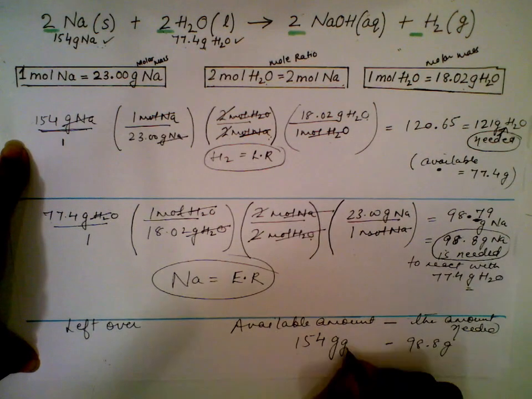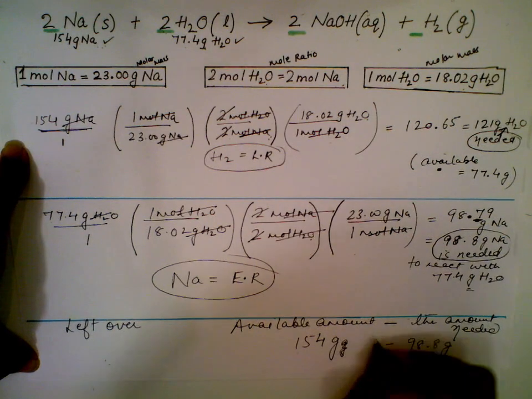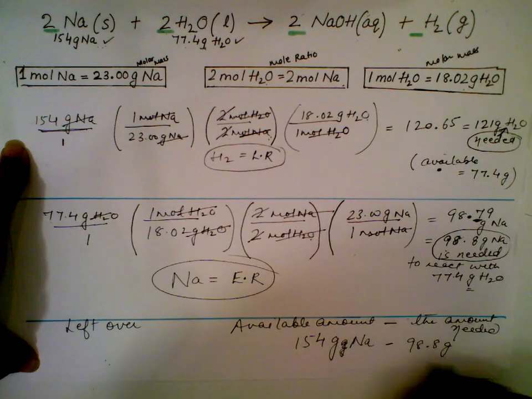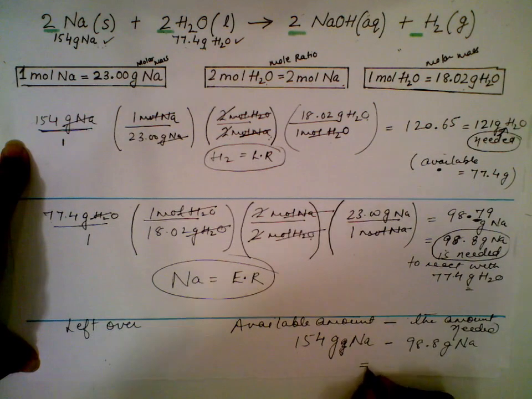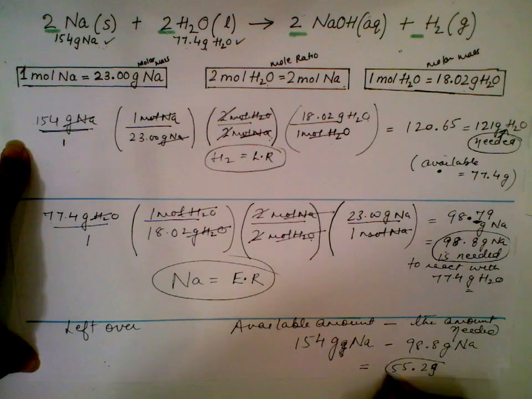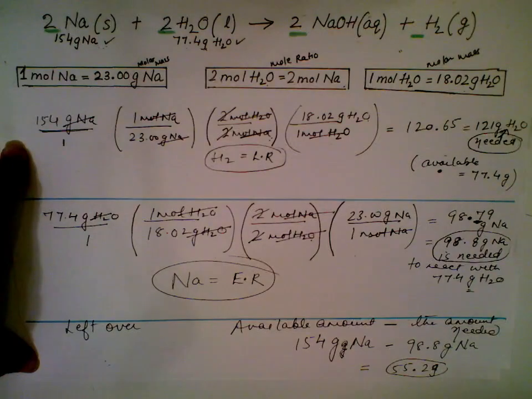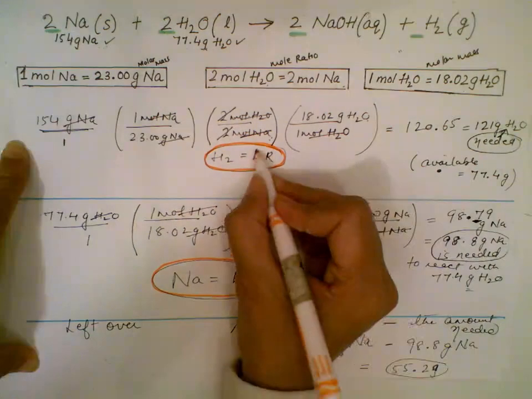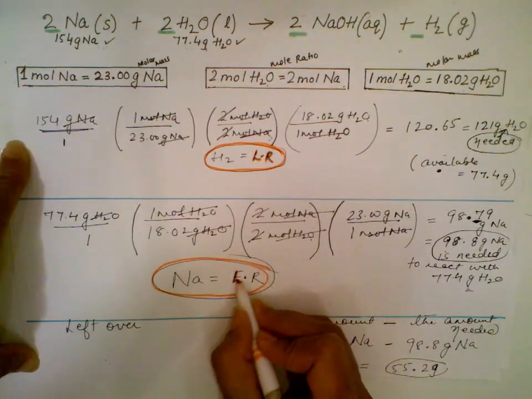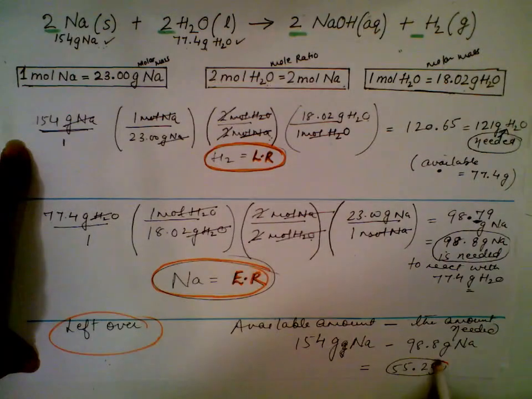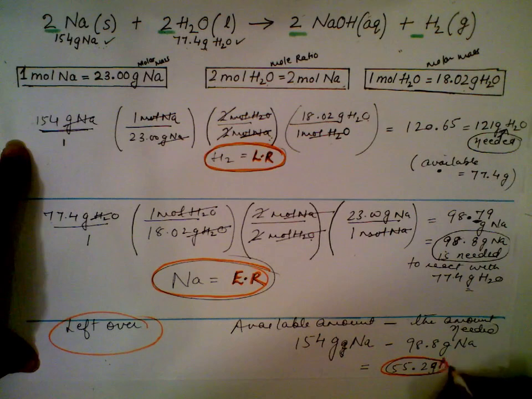And again, don't forget, we are talking about the mass of excess reactant, and the excess reactant is sodium. When you subtract it, you are going to get 55.2 grams. Okay, so LR is limiting reactant, ER is excess reactant, and the leftover is right here of sodium.